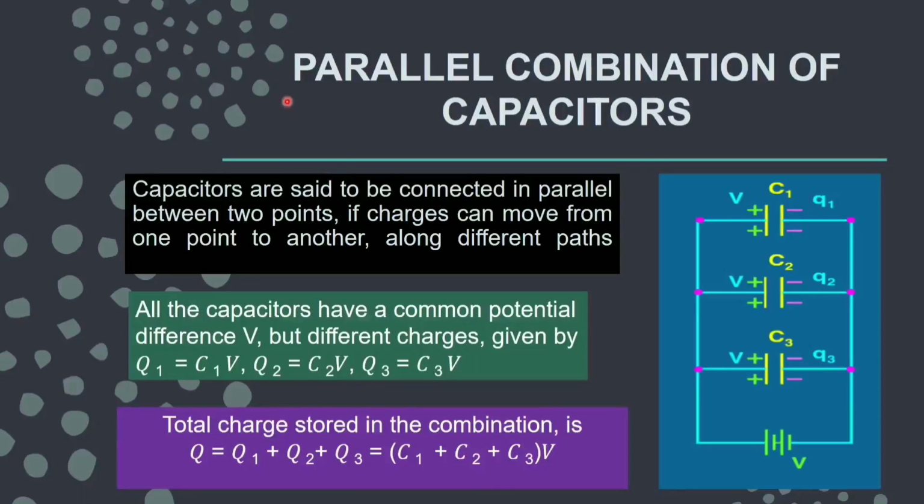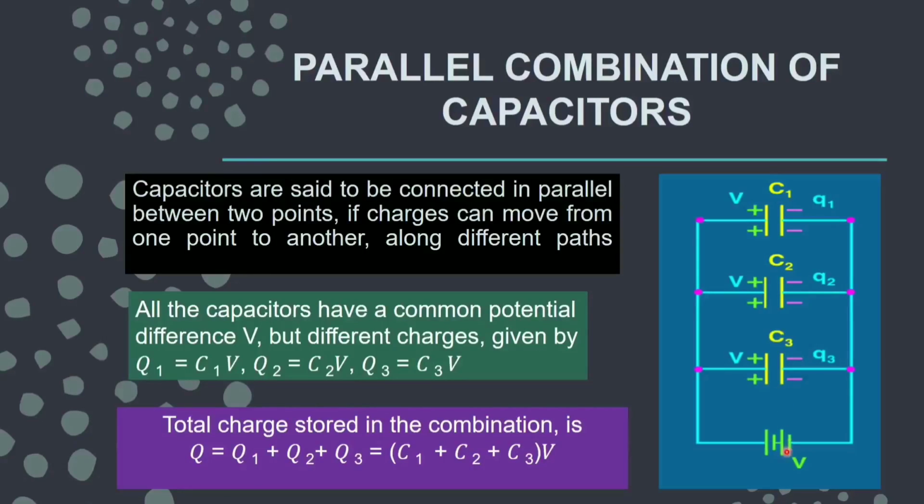Similarly, you can derive the expression for the parallel combination of capacitors. Now I have three capacitors, C1, C2, C3, kept in parallel. Because they are kept in parallel, the potential difference applied across each capacitor is the same.